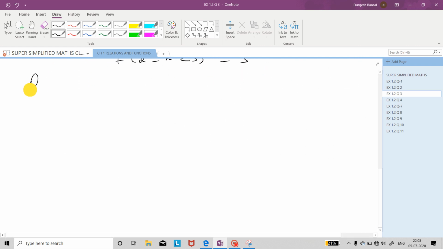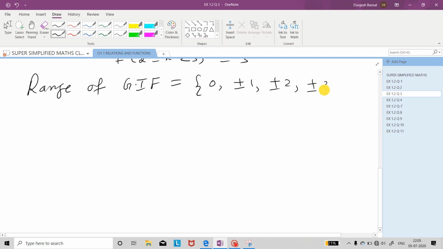We know that the range of the greatest integer function is all integers, 0, plus minus 1, plus minus 2, plus minus 3, and so on. Or the range of the greatest integer function is the set of integers.